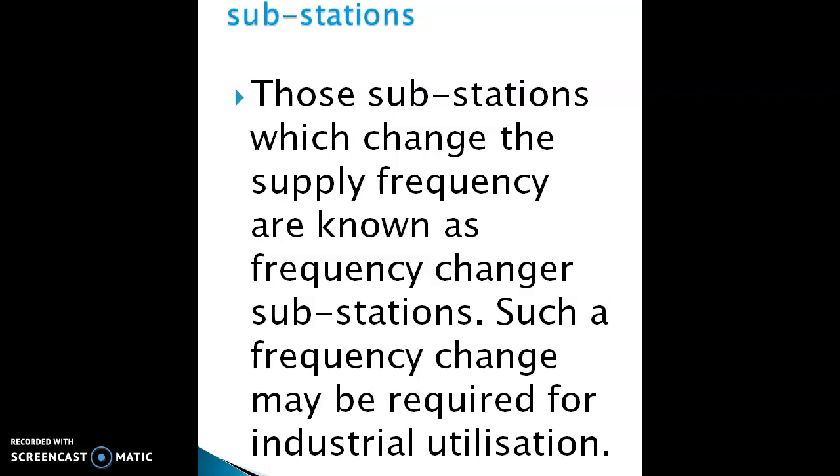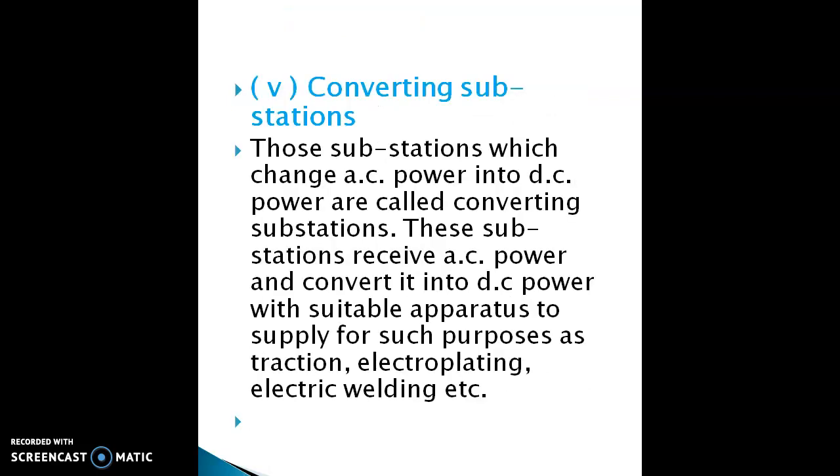Fourth one is frequency changer substations. Those substations which change the supply frequency are known as frequency changer substations. Such a frequency change may be required for industrial utilization. Fifth one is converting substations.